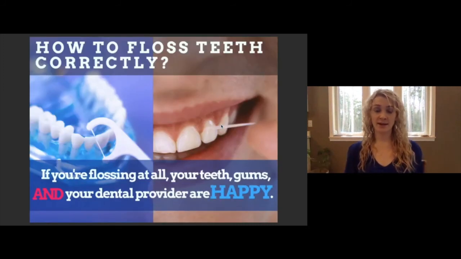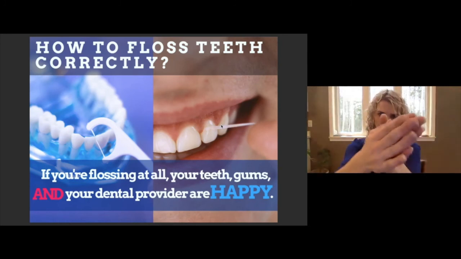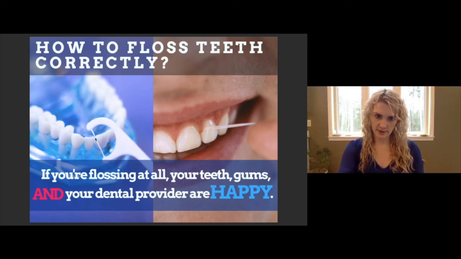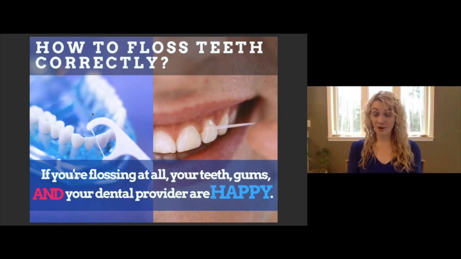As you can see here, it is very important that every time you floss in between those teeth, you're massaging gently on one side of the tooth and gently on the other side of the tooth. Now, if you're flossing at all, believe us, your teeth, gums, and your dental provider are happy.